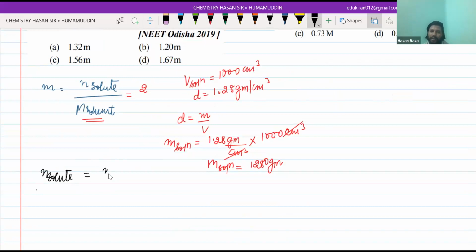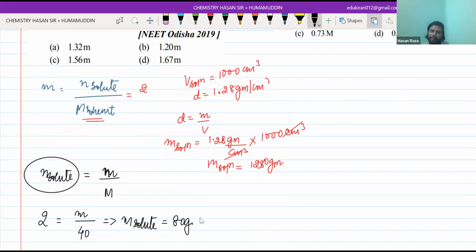Number of moles of solute is equal to given mass upon molar mass. Number of moles is 2, and the molar mass of the solute, NaOH, is 40. So you can easily calculate the mass of solute, that is 80 gram.